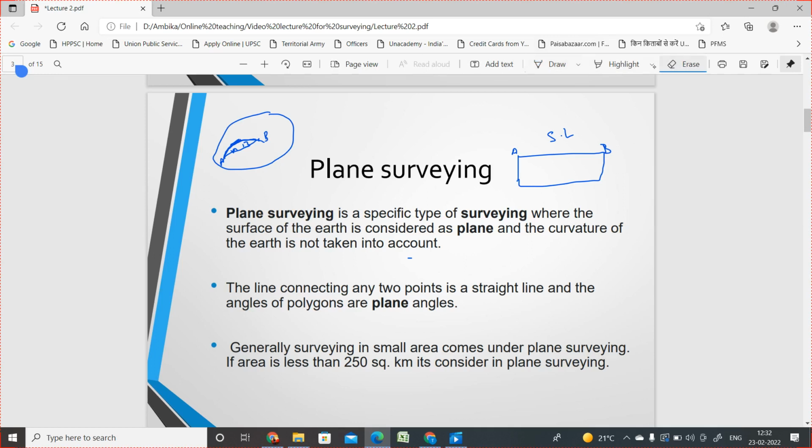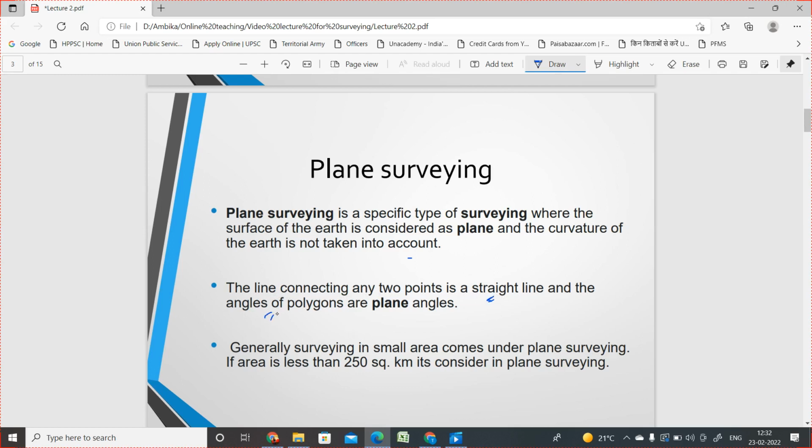Let me erase this one. I guess you have got the idea of what plane surveying and geodetic surveying are, and what the major differences are that we have to keep in mind. The line connecting any two points is a straight line, as I already discussed.